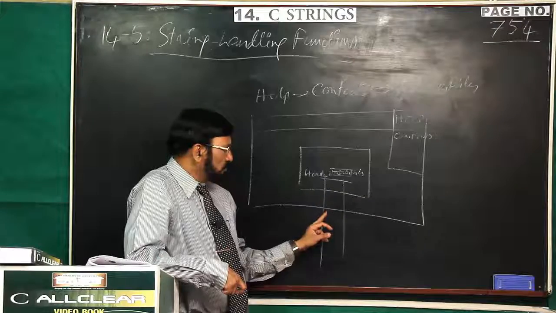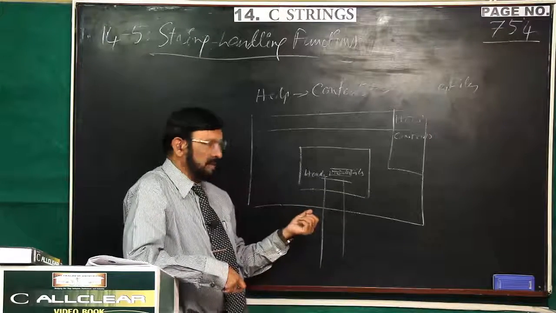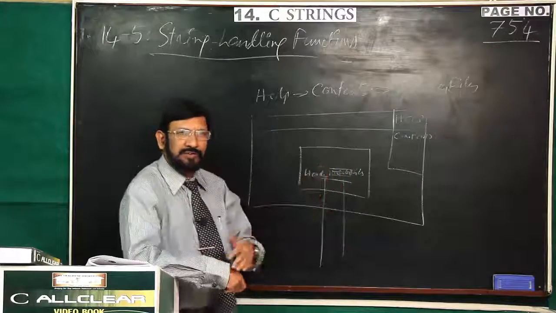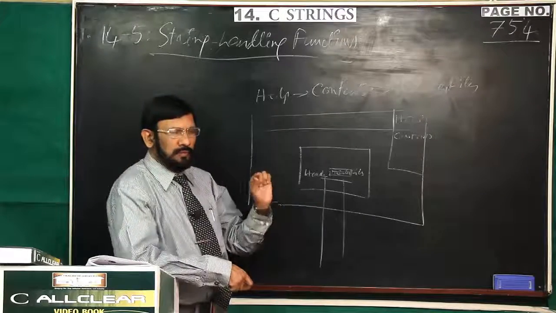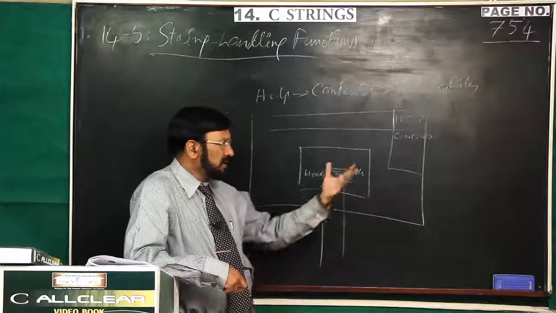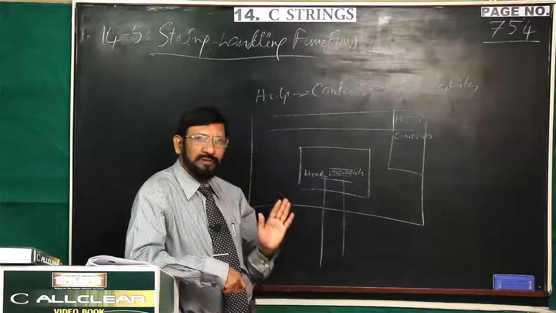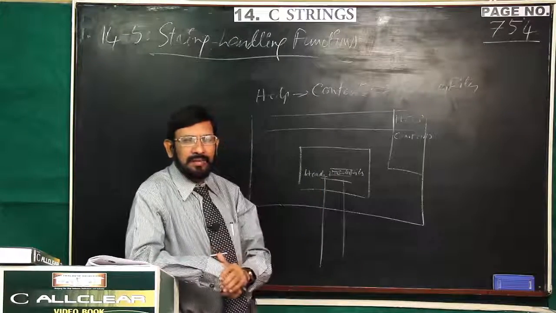You can choose a header file and click on that. Then you can find the list of all functions it is providing. If you want a particular function, you can click on that and get a complete explanation regarding that function, including an example.